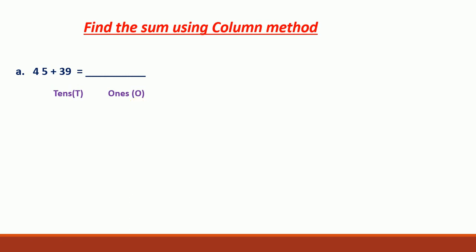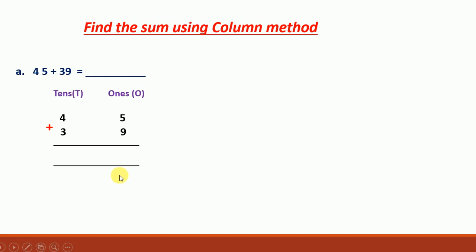So the number 45, it has 4 tens and 5 ones in it. Below that we will write the next number, that is 39. Number 39 has 3 tens and 9 ones in it. Okay. So don't forget to put the plus symbol as we are going to add. So in column method we will start adding from the ones place.